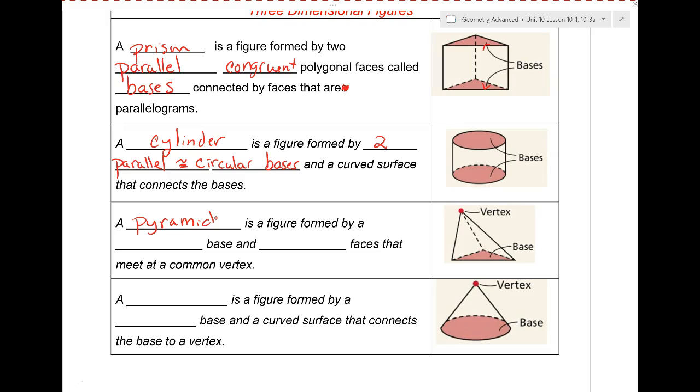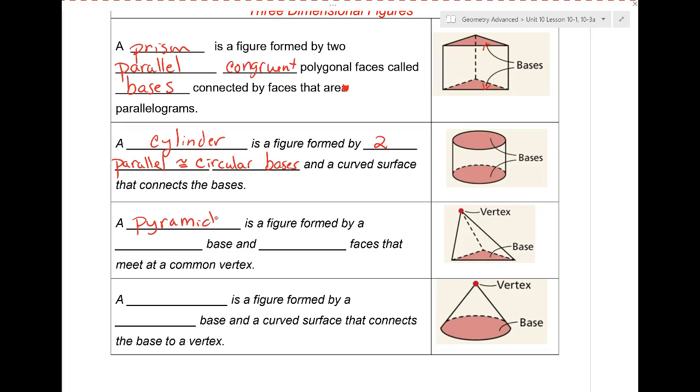But here's the thing. It doesn't have to be a square. It can be any polygon for the base. You could have a trapezoid. You could have a funky looking parallelogram, a rhombus, a kite. Anything that's a polygon can be the base of a pyramid. But you're only ever going to have one base. So a few things we need to know.